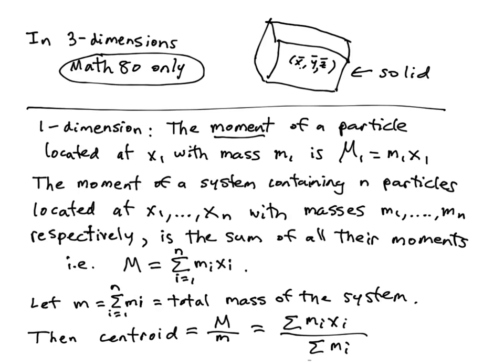Where have you seen this idea before? You've actually seen this idea before when you find your GPA. So how does that work? Well, if you think about it, the mass of each grade is given by the number of units. Think about the weight that something has on your GPA. For example, if you get an A in a 5-unit class, that affects your GPA more than an A in a 3-unit class.